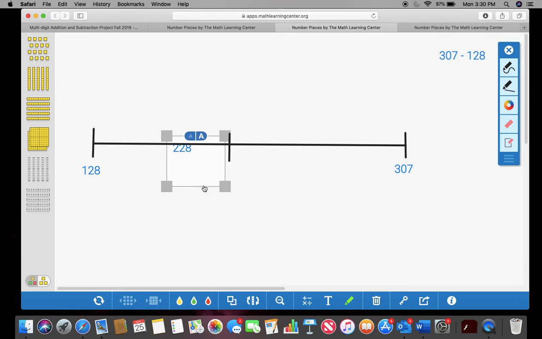And let me just move that. Okay, so the student would then go from 128 to 228.